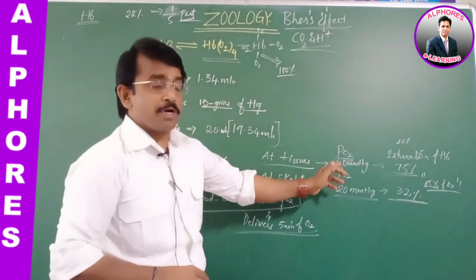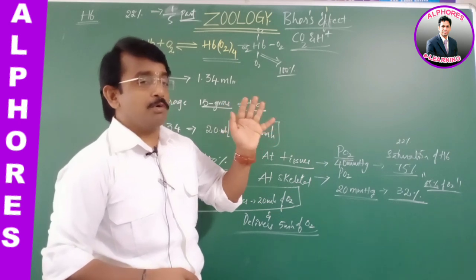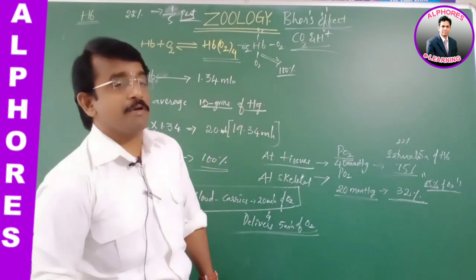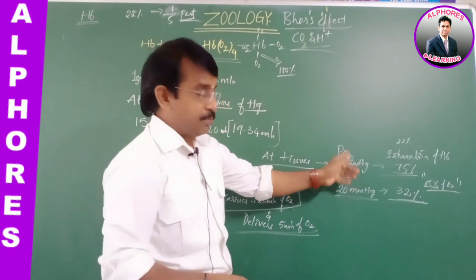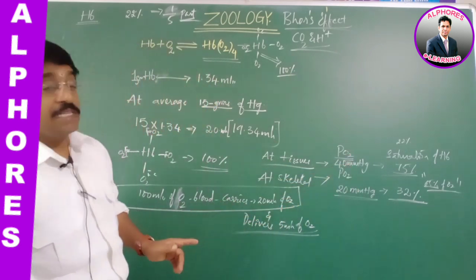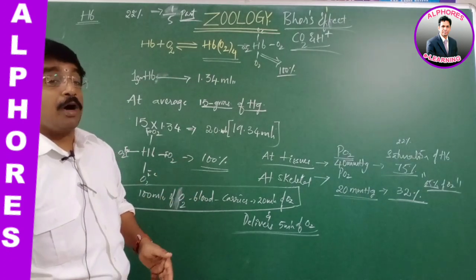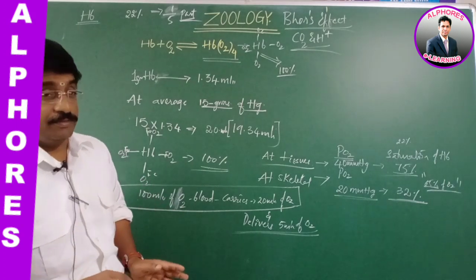The Bohr effect is the effect of CO2 and H plus on the unloading of oxygen from hemoglobin at the tissues. At 40 mmHg partial pressure of oxygen, the saturation will come down. The lesser the partial pressure of oxygen, the lesser the saturation.